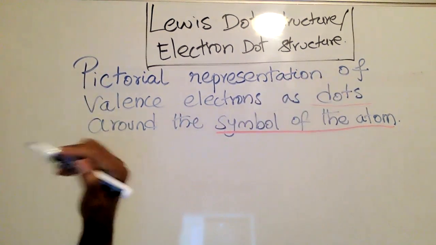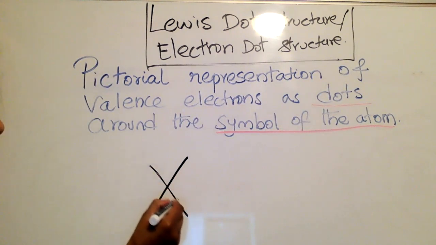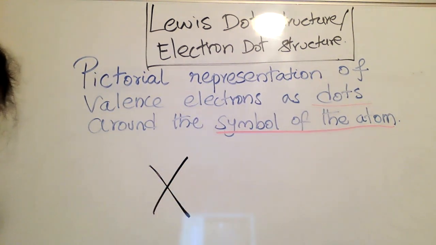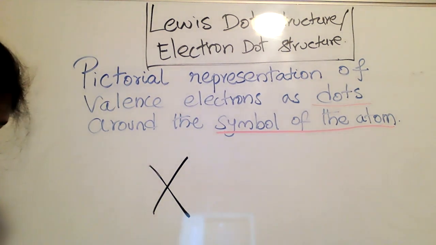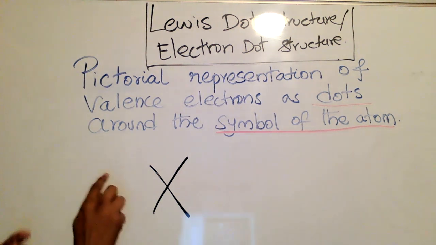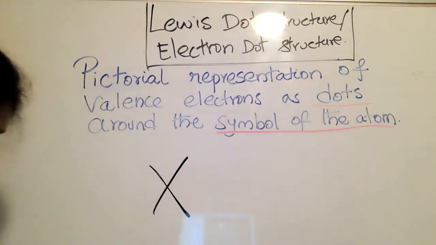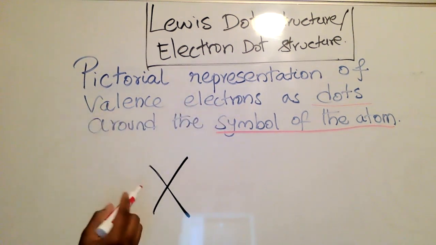Let's take any atom, some atom X. Then you should know from the periodic table how many valence electrons there are for X. The maximum number of valence electrons possible for an atom is 8. So I should have an imaginary square around the symbol, and I'm going to place those 8 valence electrons around it.